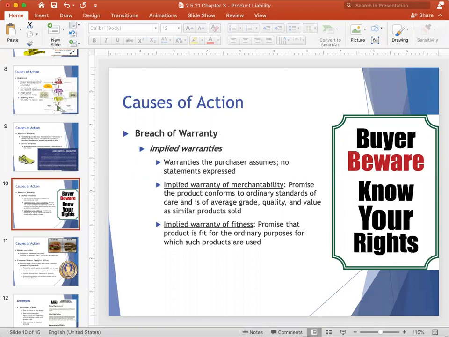And then there is also an implied warranty of fitness, and this is an assumption that the product is fit for its intended purposes, right? So you should be able to use a basketball in the sport of basketball, that you should be able to use that product for the specific period of time.